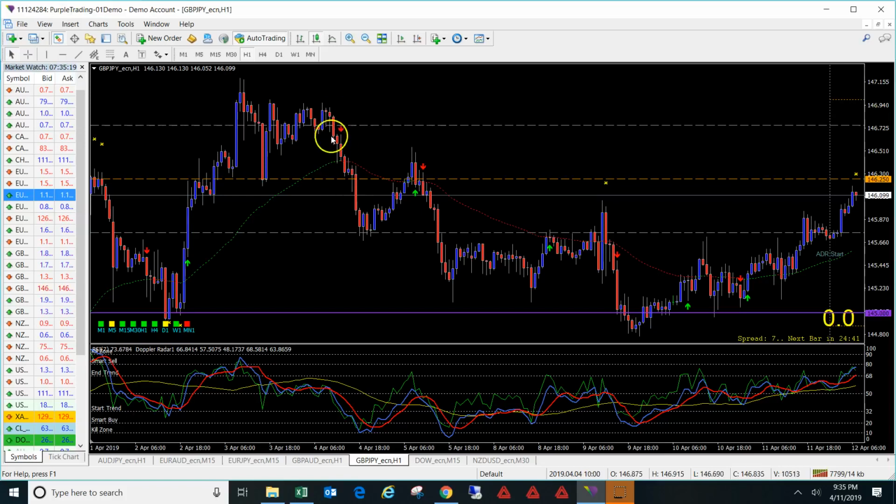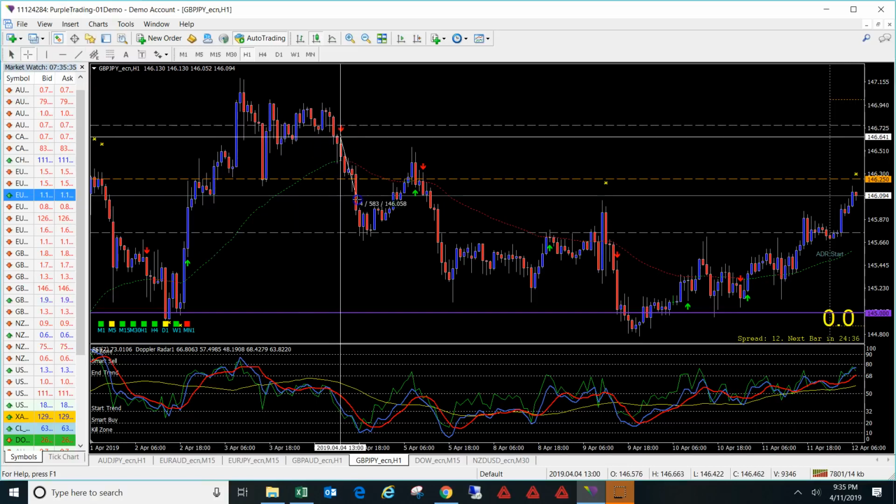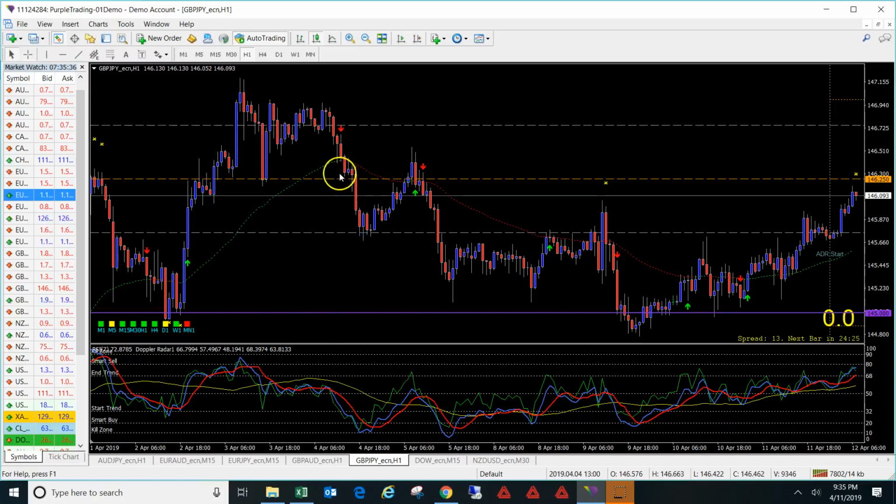Let's say you were looking to sell right here. Even though this would be a good signal because it's coming off of this hesitation down zone, you got the signal here. So you could enter there and still get zero drawdown, if you entered there, for 96 pips.